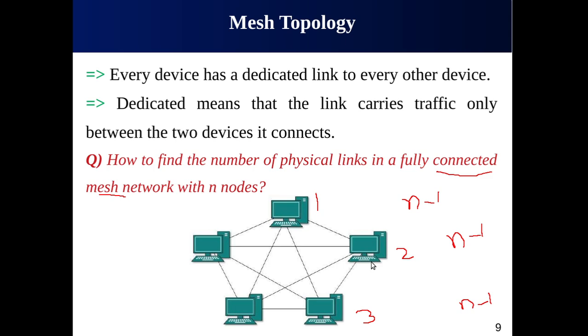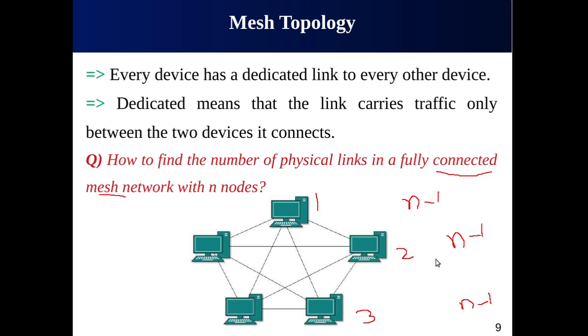However, if each physical link, these dedicated links, allows communication in both directions, there is a term known as full duplex. We will cover it later on. We have half duplex and full duplex. Full duplex means that communication is possible in both directions simultaneously. Then we can divide the number of links by 2.